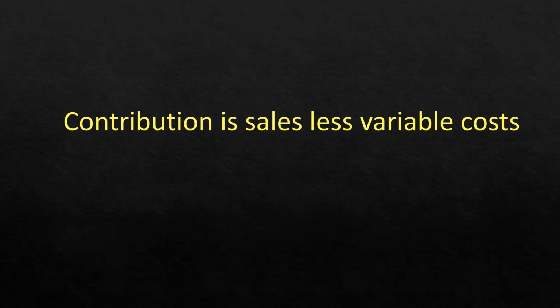For example, you can compare the contribution of a product group with the capacity that it blocks, and by doing that comparison you can find out which product group generates more contribution for every unit of capacity, and then you should ensure that the capacity is allocated in favor of those products which generate superior contribution.